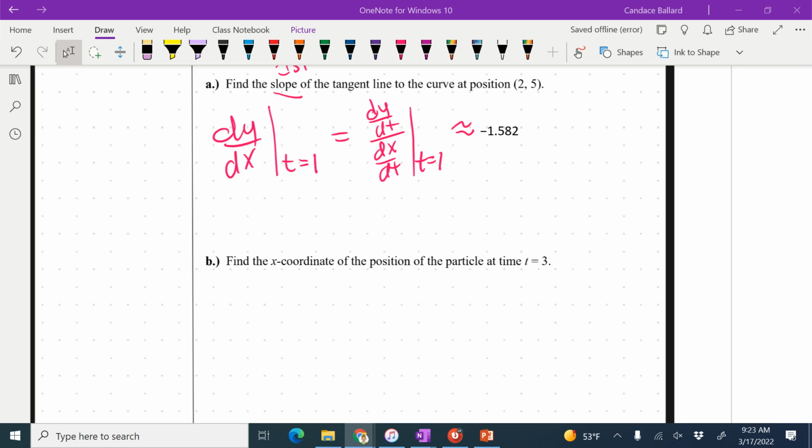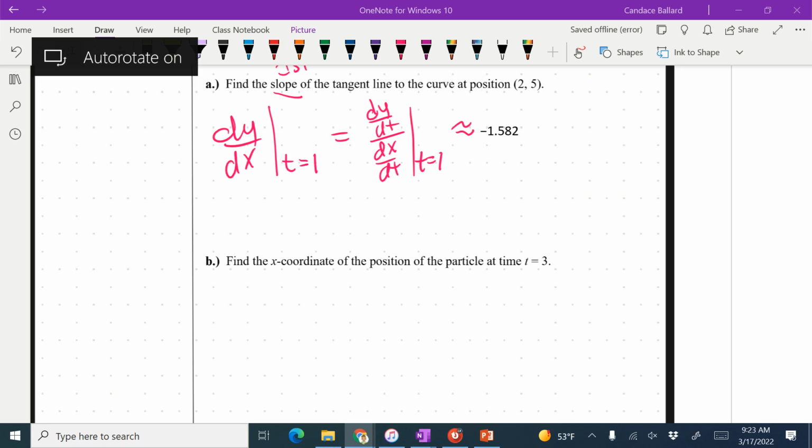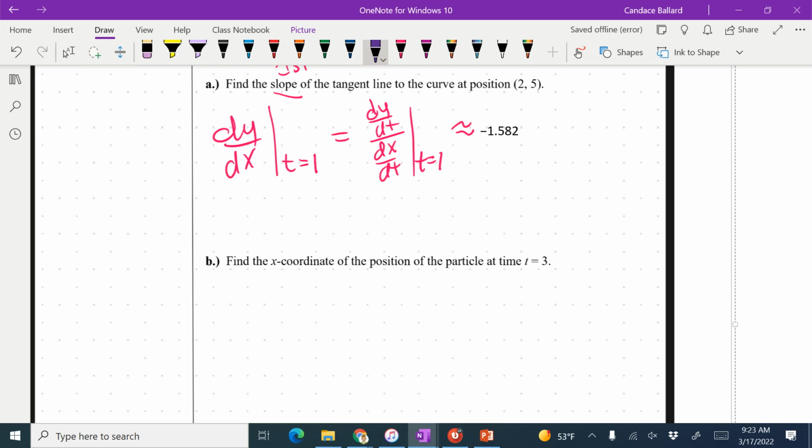Okay, so what's it asking us to find? Position, okay. Position of what? Position of only the x coordinate. So I'm only messing with x, okay.